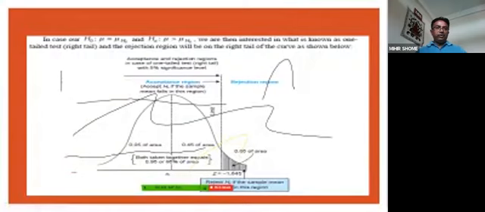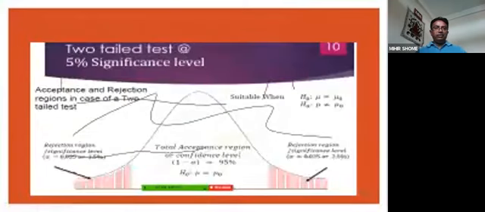Now, a two-tailed test, with a 5% significance level. What should we do with the acceptance and rejection regions in the case of a two-tailed test? H0 equal to mu 0, or HA not equal to mu 0.